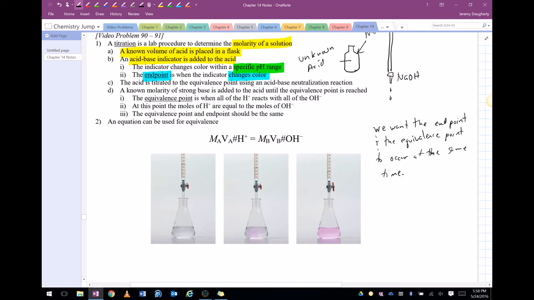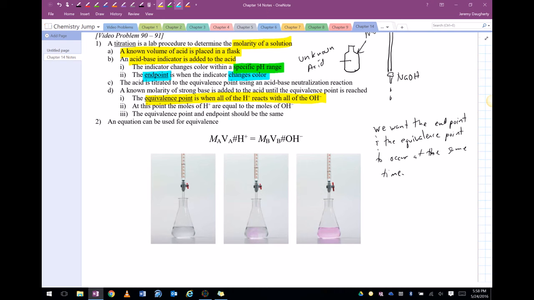All right. So what's the equivalence point? The equivalence point is when all of the hydrogen ions react with all of the hydroxides. Now that's the appropriate way to say it. The wrong way to say it is when all the acid reacts with all the base. The best way to say it is when all the hydrogen ion reacts with all the hydroxide.